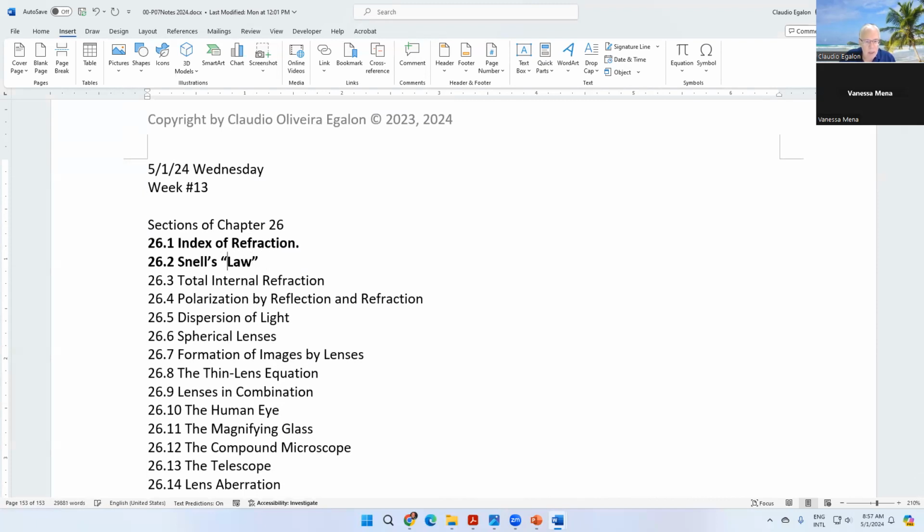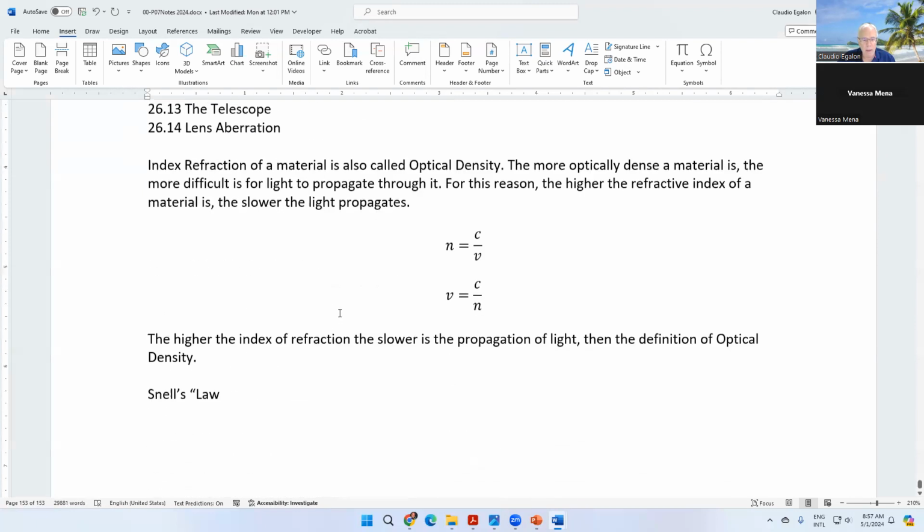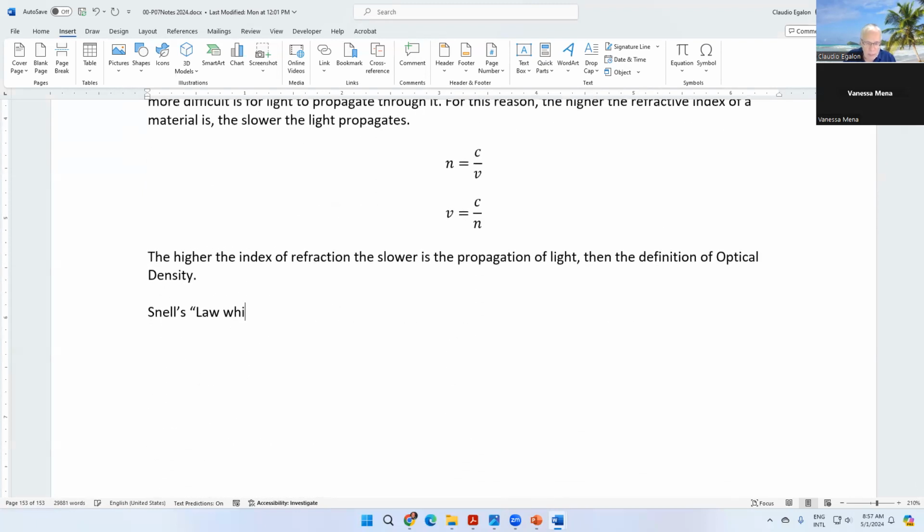Snell's law, which is a consequence of the principle of least time, is spelled out as follows.